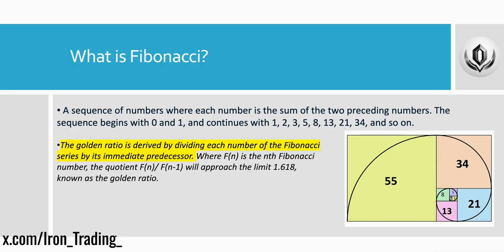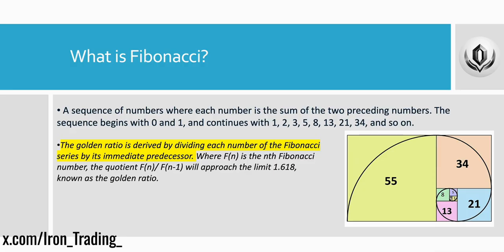As you go deeper into the sequence, along bigger numbers, the ratio tightens towards 1.618. It grows ever closer no matter where you are. So 8 divided by 5 is close to 1.618. 13 divided by 8 is a little bit closer. 21 divided by 13 is a little bit closer.